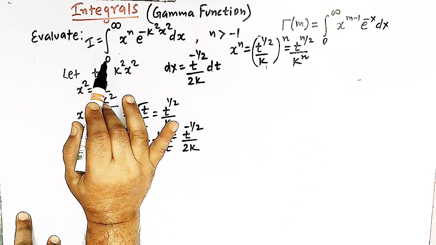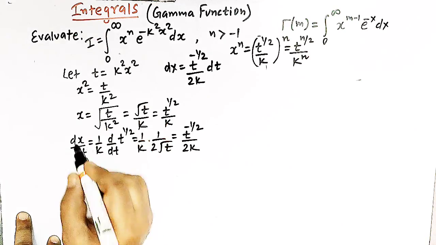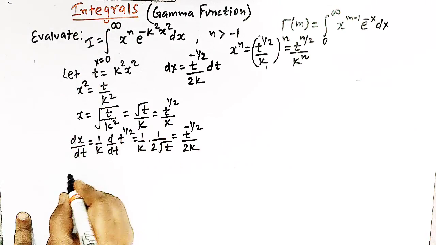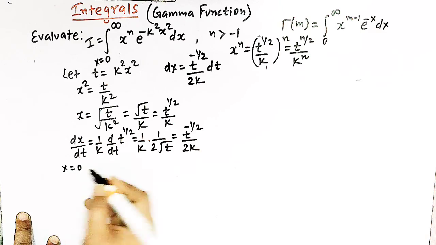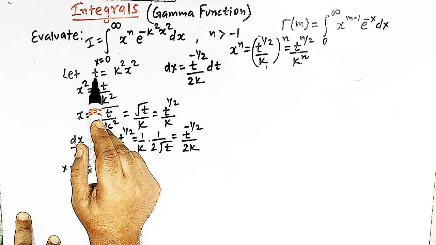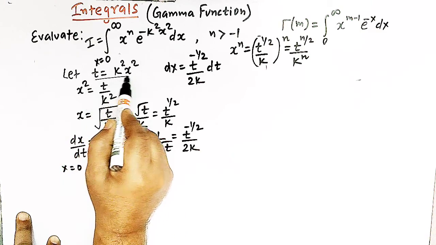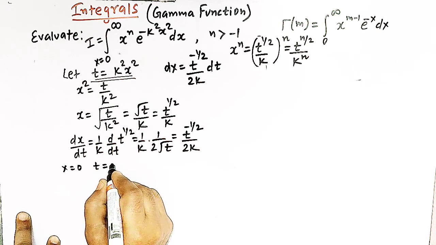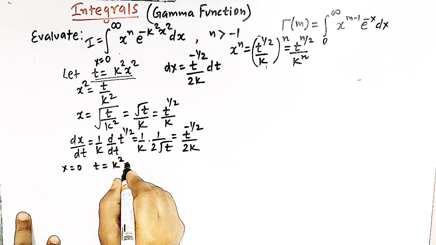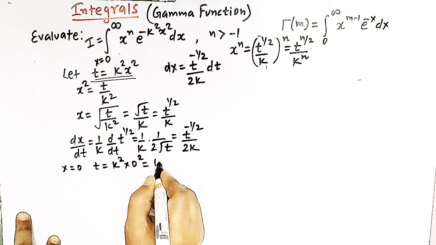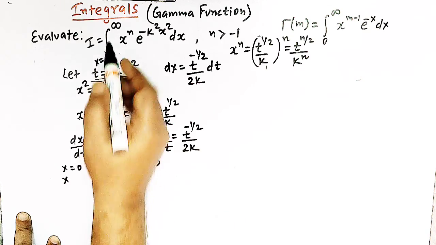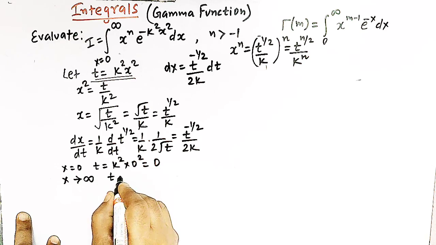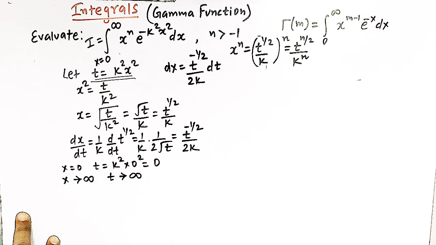And here the limits of integration vary from 0 to infinity. So let us change the limits. When x is equal to 0, the value of t can be obtained from this expression. So we have t is equal to k square times 0 square, that is equal to 0. And when x tends to infinity, then obviously t also tends to infinity, right?